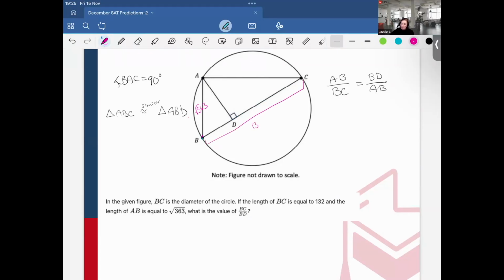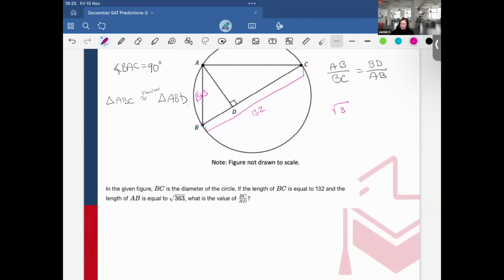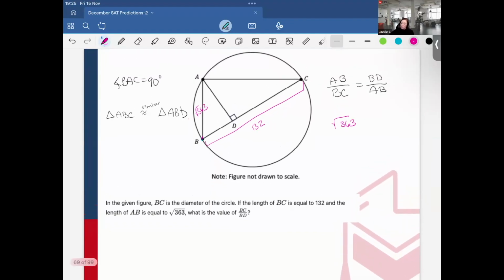Like, let's put what I had before. So AB, it's square root of, oops, sorry, 363. And BC, I know it's 132. BD, I don't know. That's what I'm solving for.